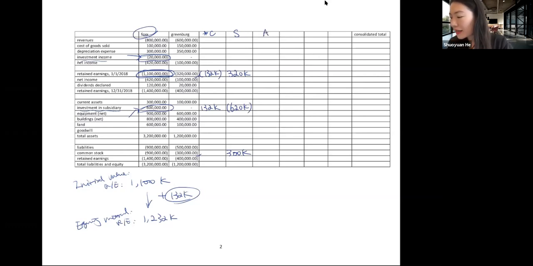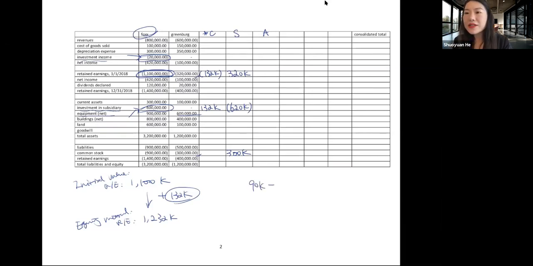Consolidation entry A, the purpose is to mark up the subsidiary's assets and liabilities from book value to fair value. And we know that the subsidiary has equipment with a difference in book and fair value of 90,000. So the original difference is 90,000.